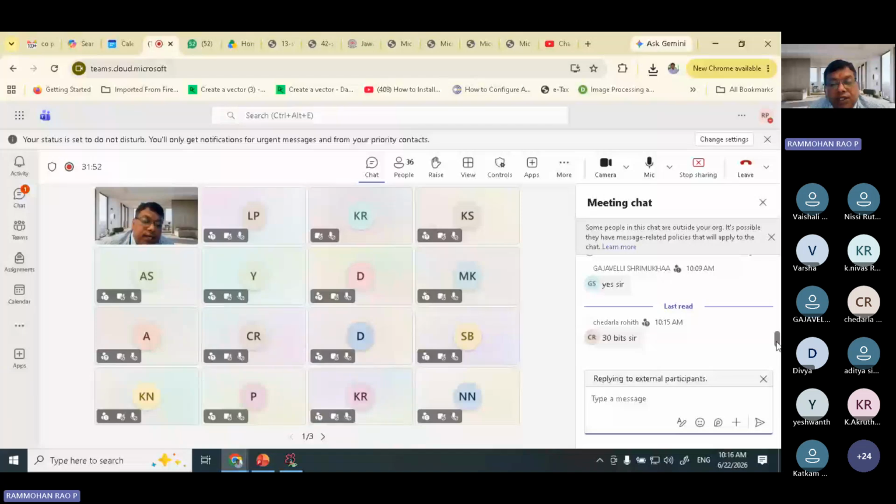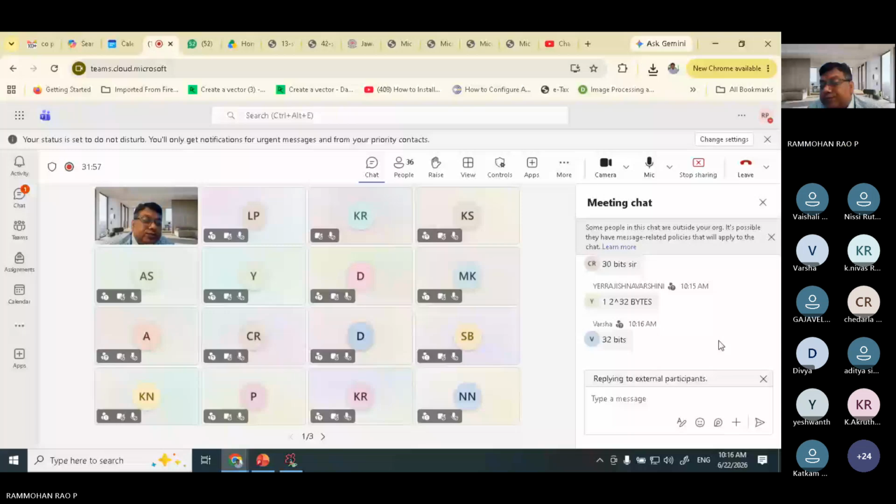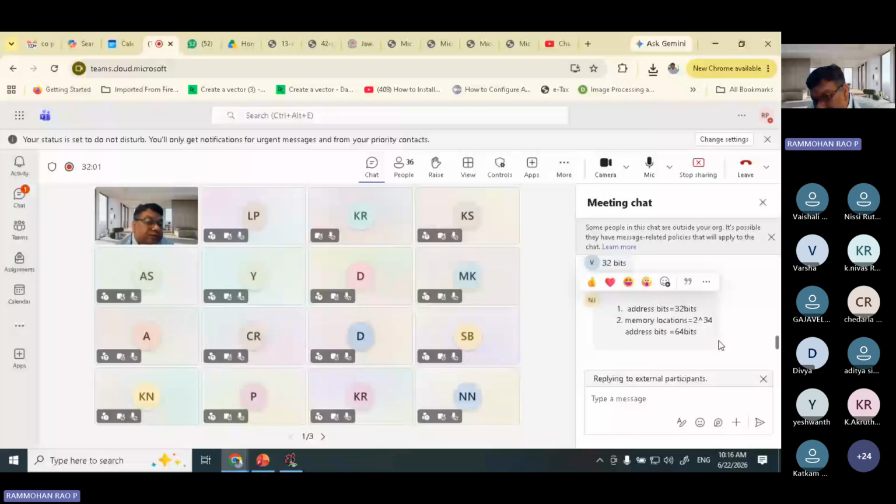While typing, please mention the question number. Varshini says, question number 1, 32 bits. Jashwant, question number 2, 64 bits. Question 1 is 2 power 30.